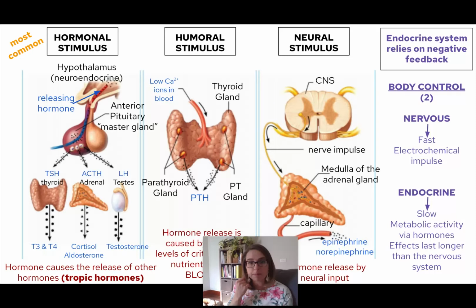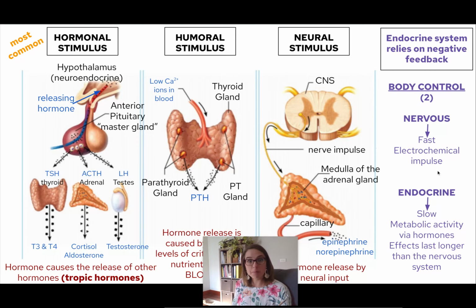But I had breakfast about an hour ago, and so my body is working through my new glucose levels, and insulin's going to be released, and my cells are going to be taking in glucose, and all of these things are going to be endocrine system. It's slower, but its effects last much longer. Snapping my fingers is over and done with as soon as I did it. And so there's benefits of both. Okay.